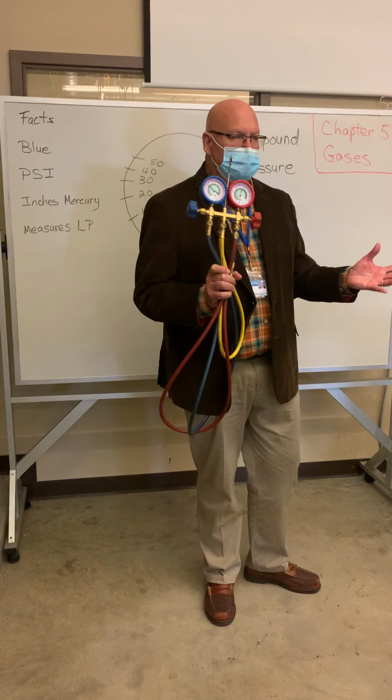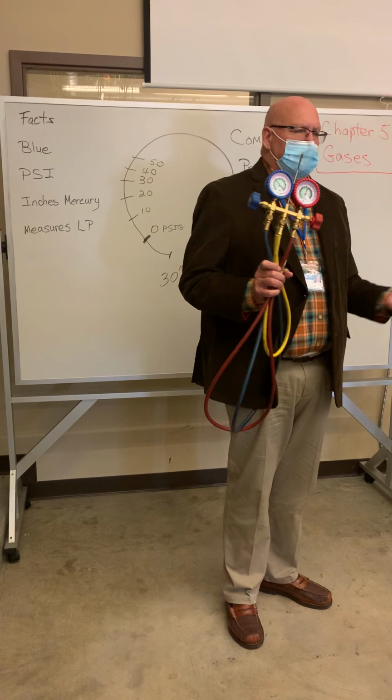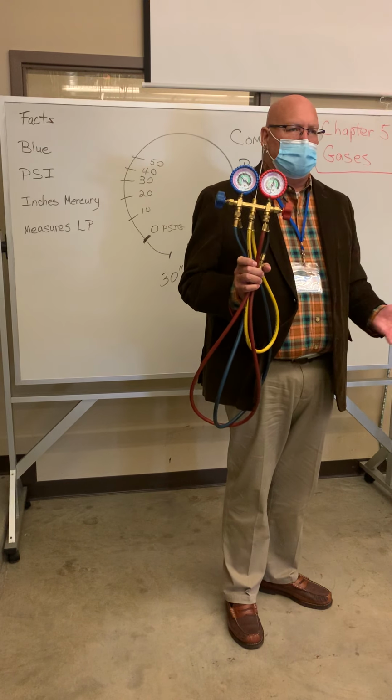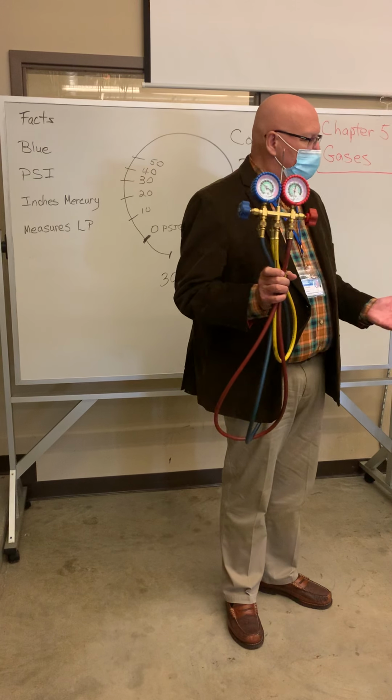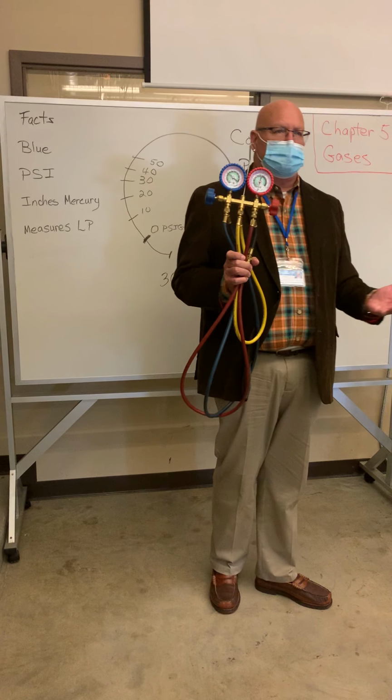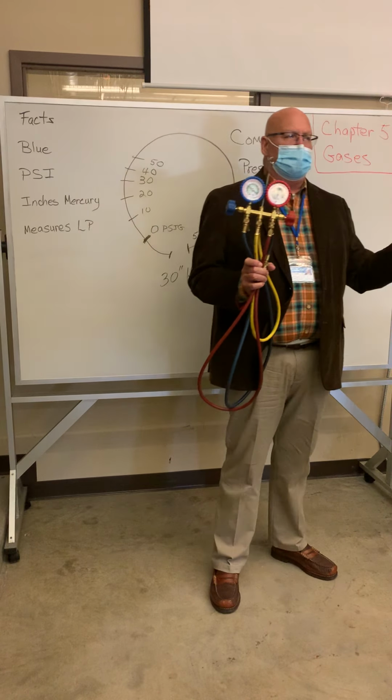Here would be a really good time to say to yourself, why do they have a low pressure side and why do they have a high pressure side? And it would be a really good time for me to explain it. We have a low pressure side because on the low pressure side we're absorbing heat, going back to that energy and matter.